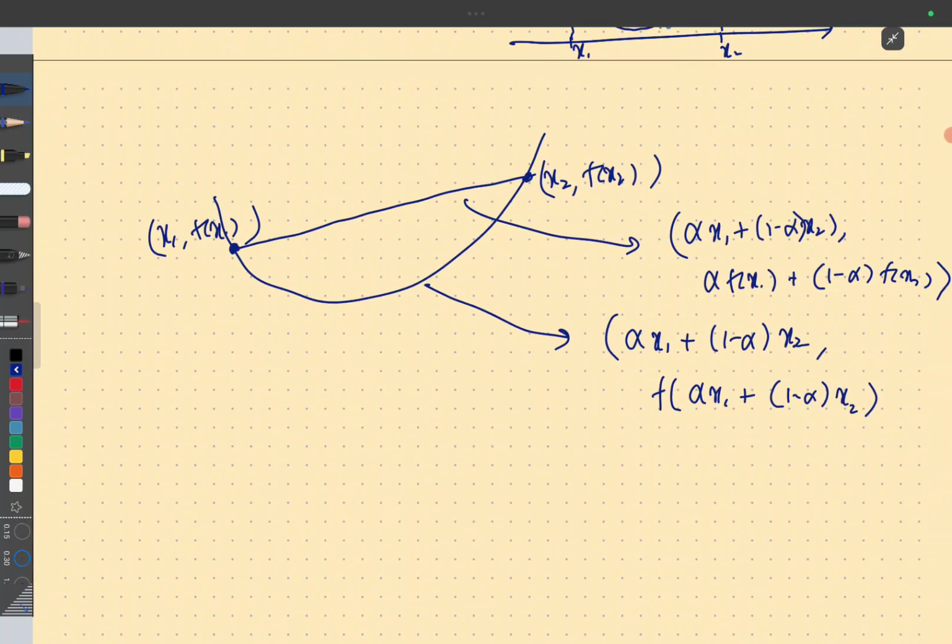So this is what it means for a function to be convex. We'll say that the function is concave if minus f is convex. So just one definition is sufficient. I don't need to give a separate new definition for concavity.